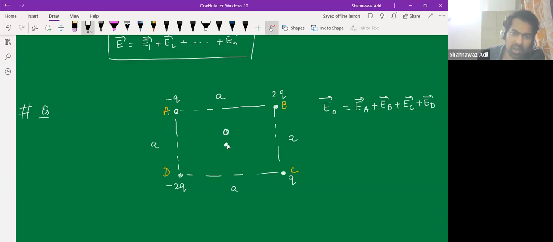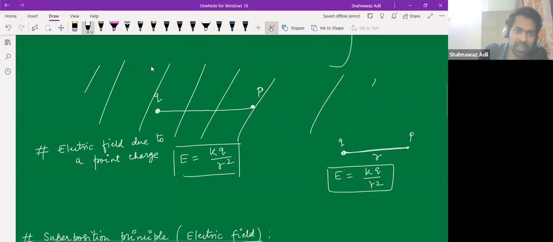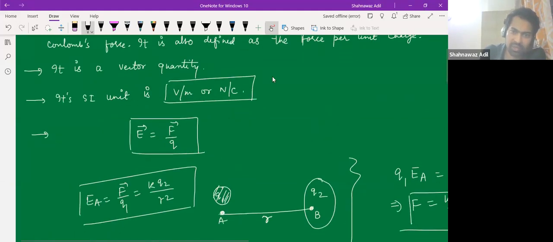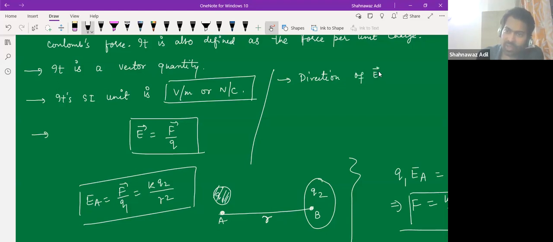And remember, what about the direction of the electric field? Always remember that the direction of the electric field is in the same direction as the Coulomb force, right?